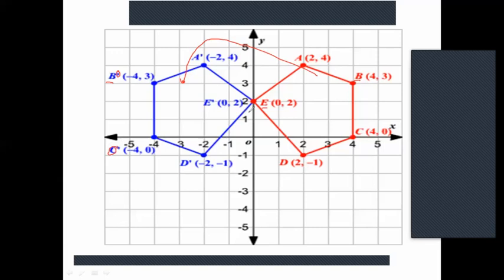Here, if we describe, the object undergoes transformation by reflection through the y-axis. Take note, this is your y-axis. So it is just being flipped over to the other side. And what do we mean when we say invariant points? Take a look. Point A has coordinates 2 on the x-axis and 4 on the y-axis.